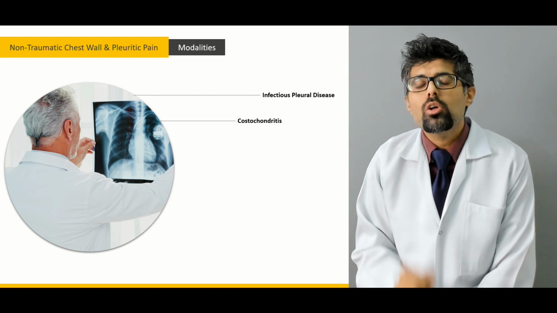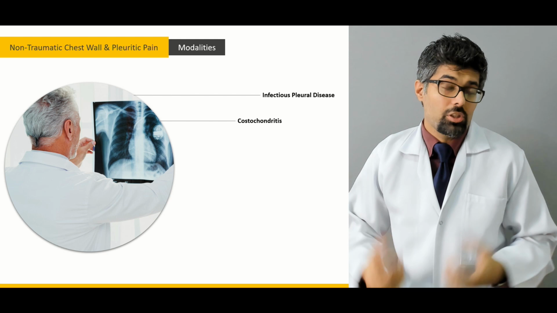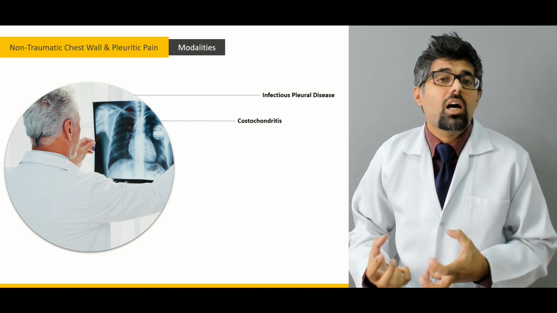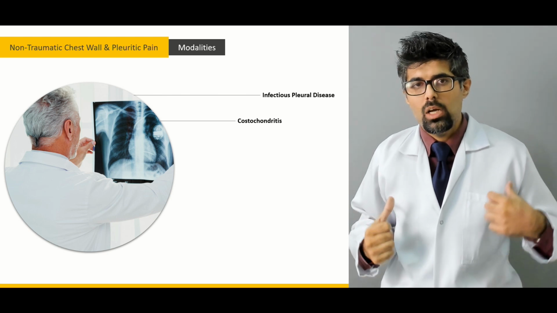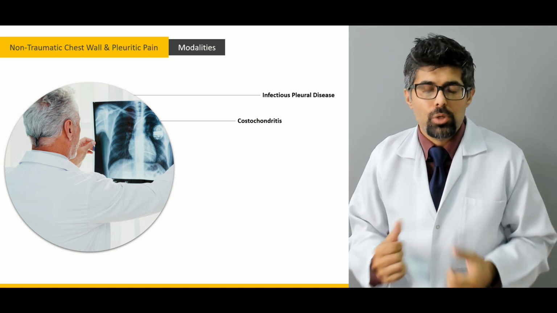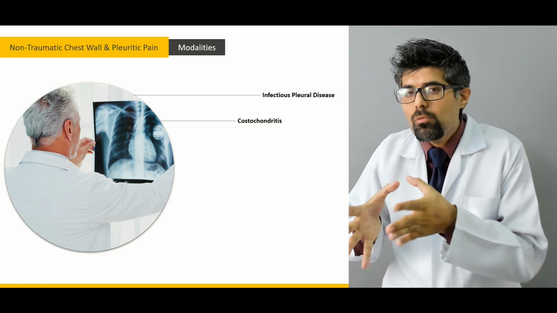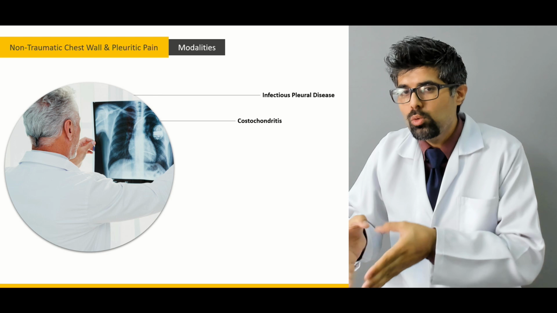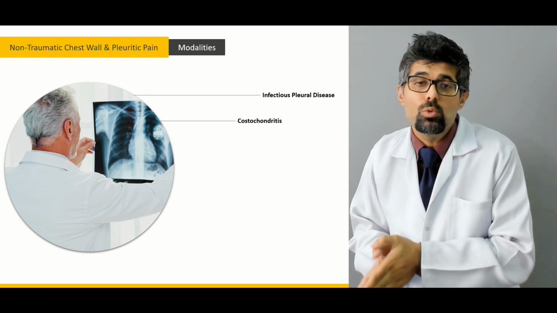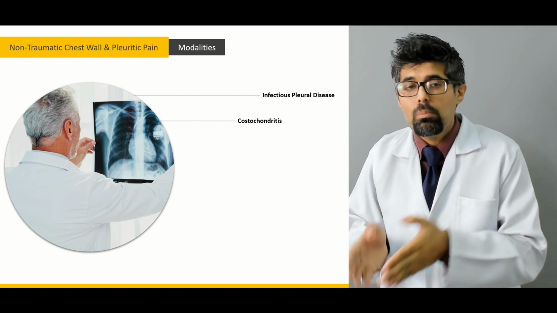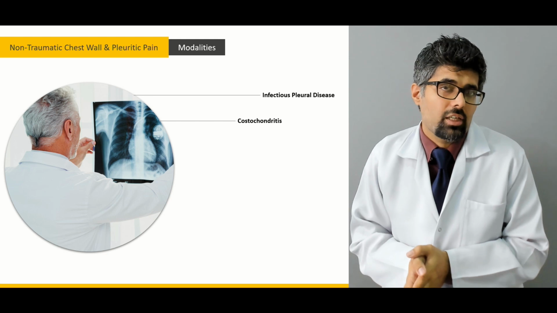Now costochondritis is defined as the infection or the inflammation of the cartilage that connects the sternum to the rib cage. Now it is very important because in this example we do both a plain chest x-ray and a CT scan, but both of these are usually not diagnostic.